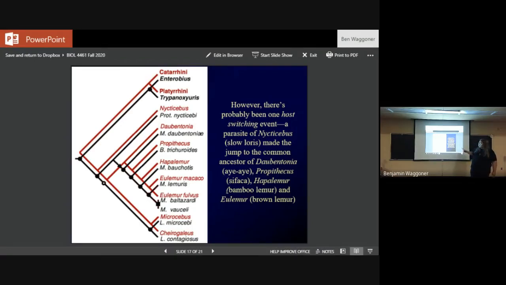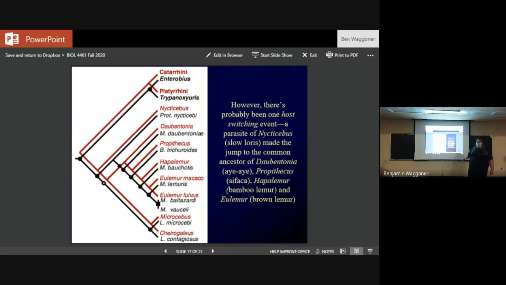And then if you look, there's a mismatch around the base of the branch that leads to Daubentonia, the aye-aye. You would expect that their parasites ought to be most closely related to Microcebus and Cheirogaleus, the dwarf lemur parasites. But in fact, they're not. Their parasites made a jump from the ancestor of the parasites of the slow loris.